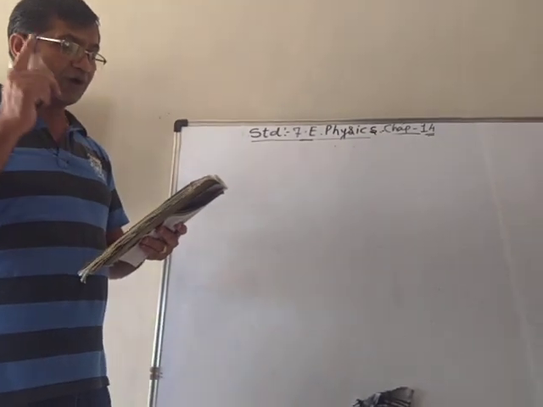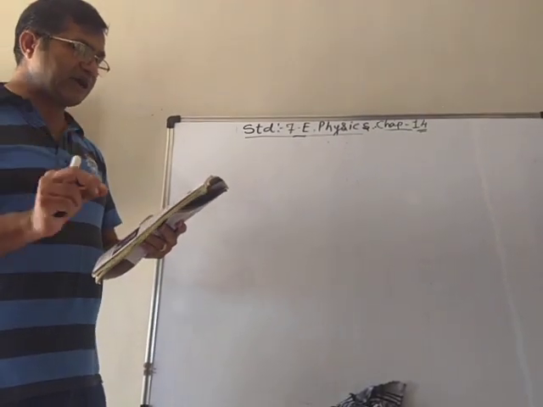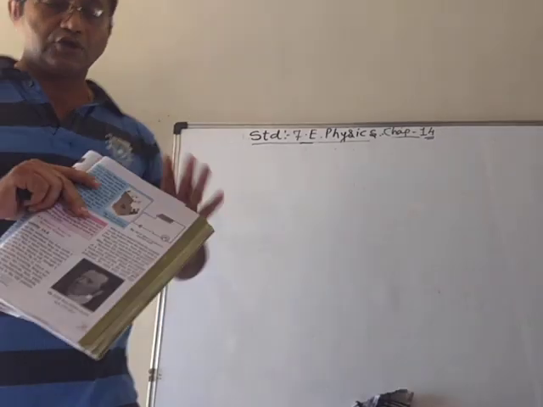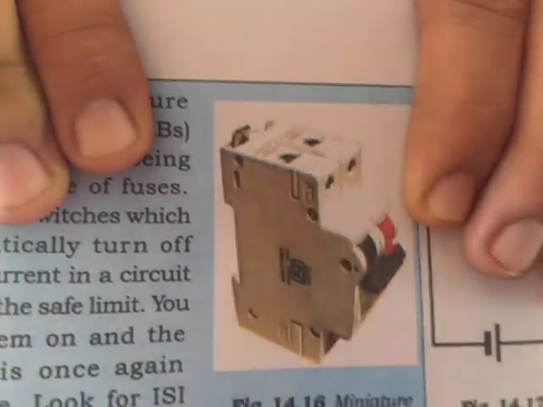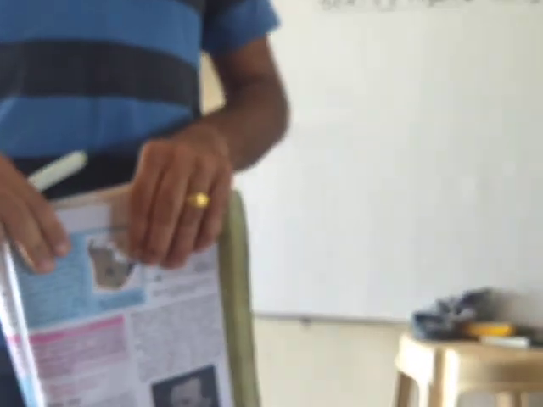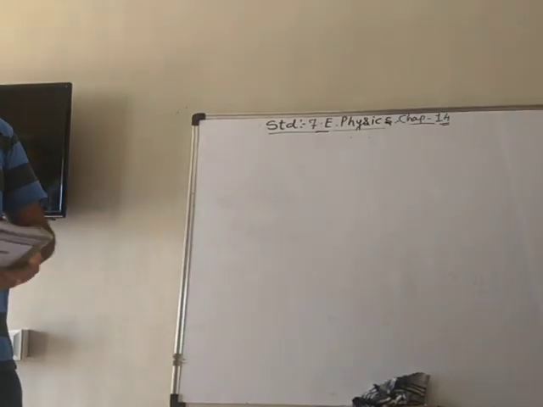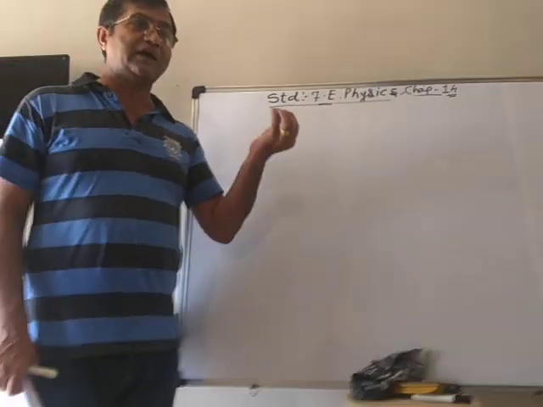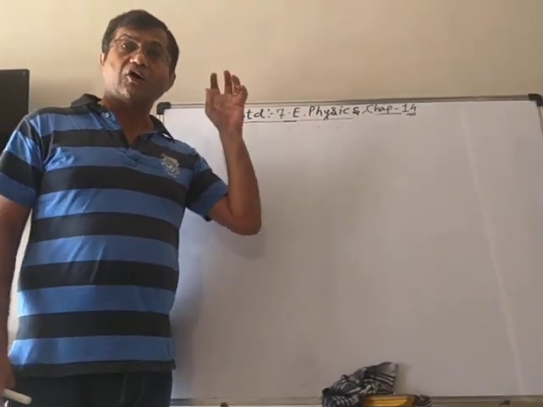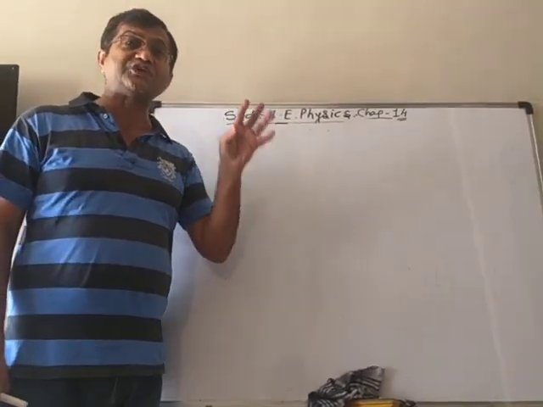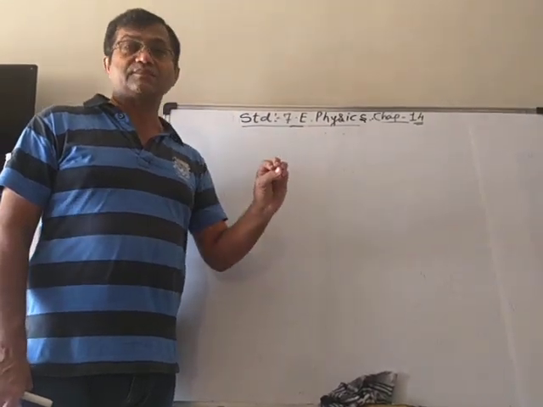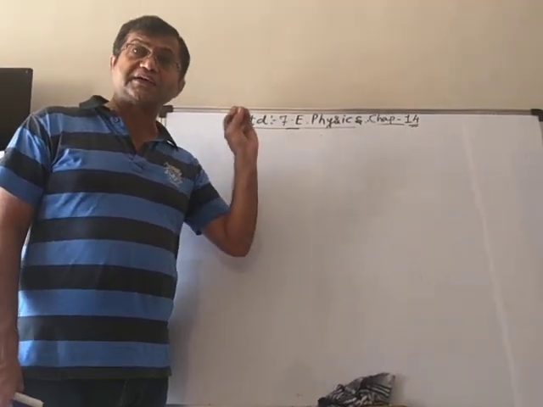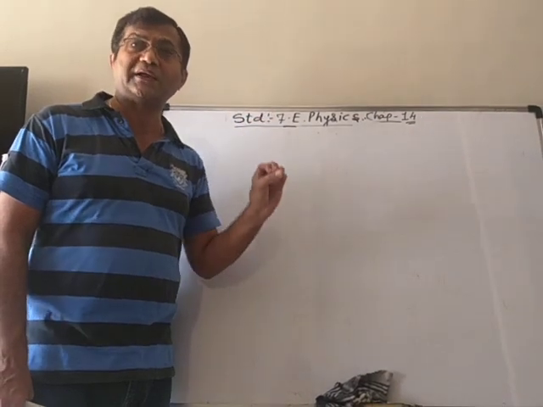And MCB also must have the ISI mark. Look, you can see here the ISI mark in black in the middle. So always use all electric appliances with the ISI mark, as we already talked about, because they are tested, they are guaranteed to work properly.